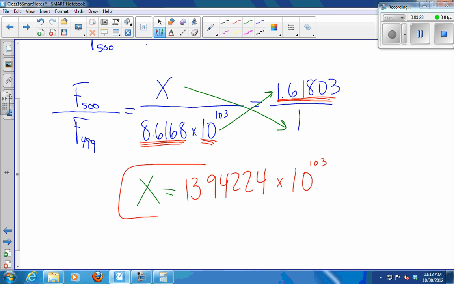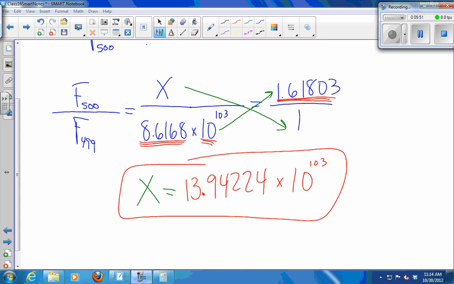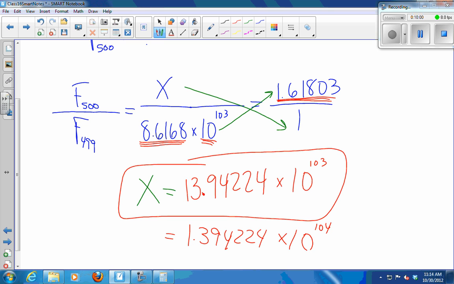So there you go. Times 10 to the 103 just means that it's going to move the decimal point 103 places to the right. So I'm not going to bother writing all that out. I'll just leave it as times 10 to the 103. So we could say, or 1.394224 times 10 to the 104. Both of those are the same number.